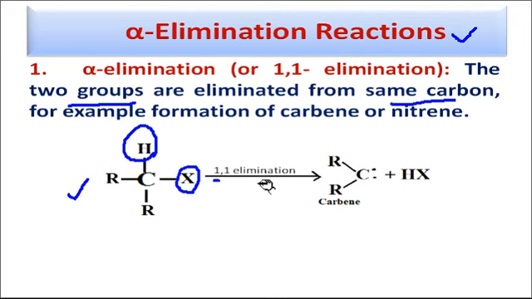That means both leaving groups are present on the same carbon atom and are eliminated from it, resulting in the formation of a carbene. So this is the example of alpha elimination, also called 1,1 elimination, and this type of reaction results in the formation of carbenes. Clear?